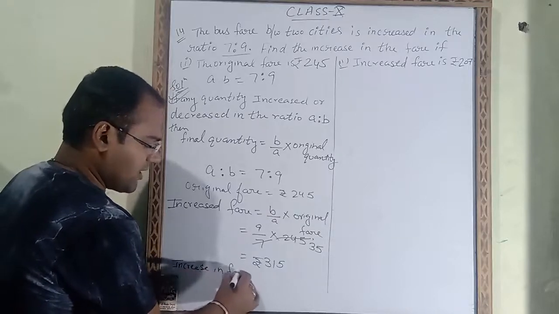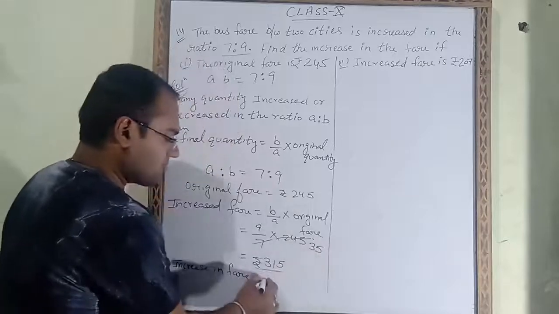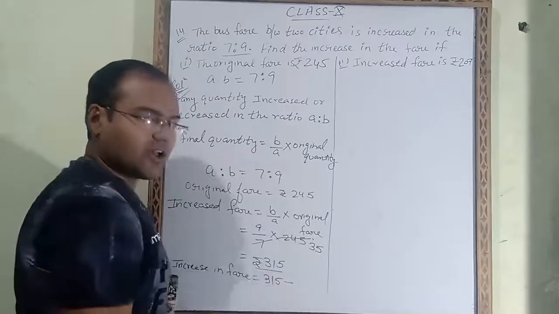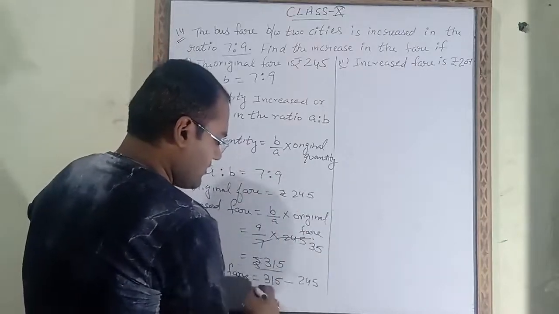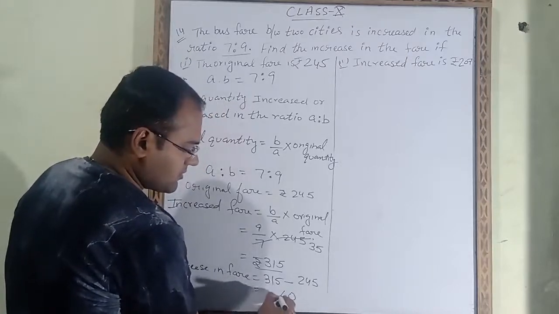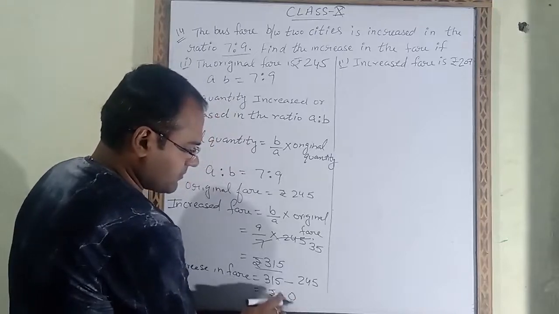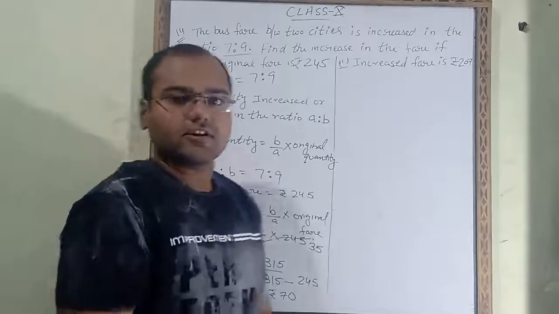in fare is, now the fare between two cities is 315 minus earlier it was 245. Now we will subtract it. 60 rupees is the, sorry, 70 rupees is the increase in fare.